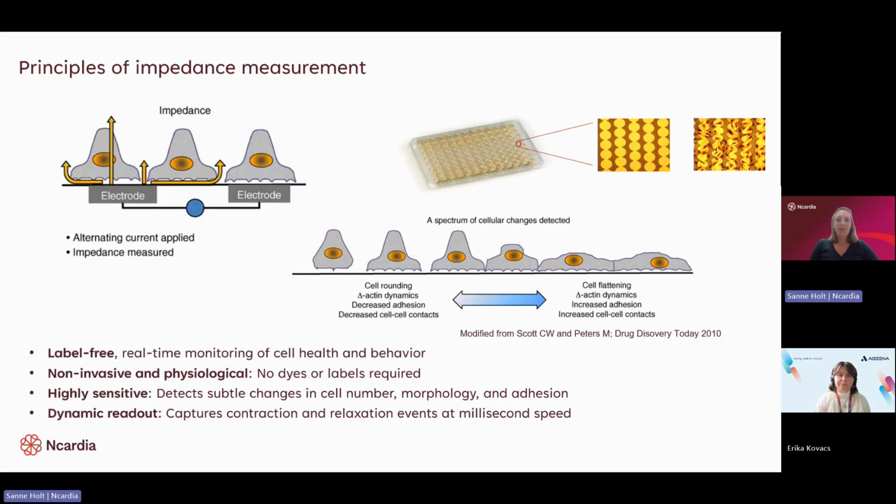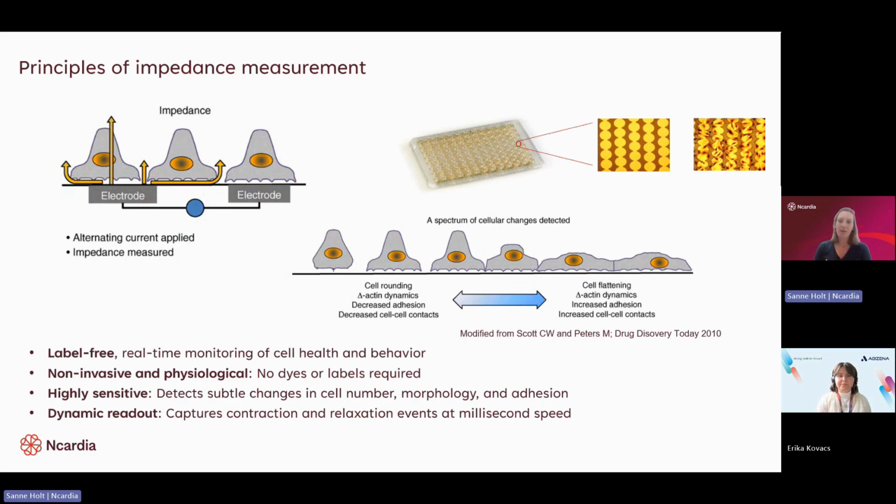So just very briefly to align for people that aren't aware of the impedance system, it is a system that has electrodes in the plate, and it measures basically changes in electrical current when you seed cells across your platform. It means that it picks up changes in morphology, so not just cell death and healthy cells, but also proliferation or changes in morphology.